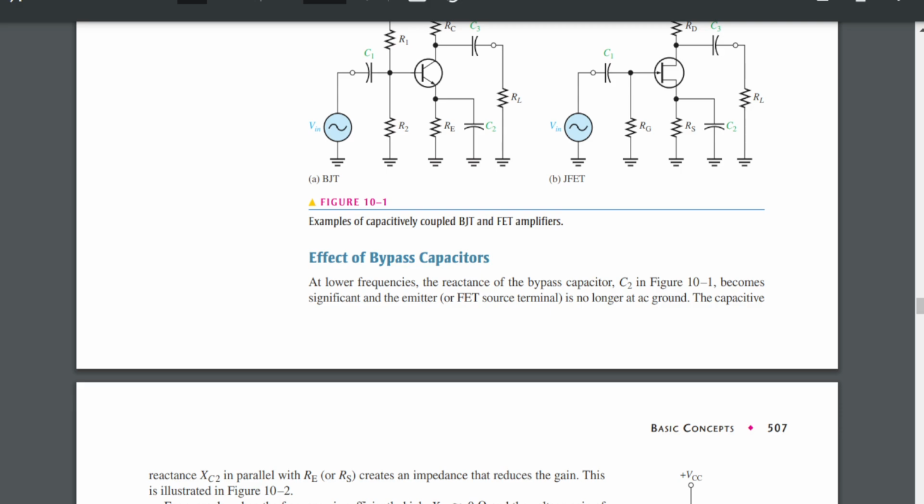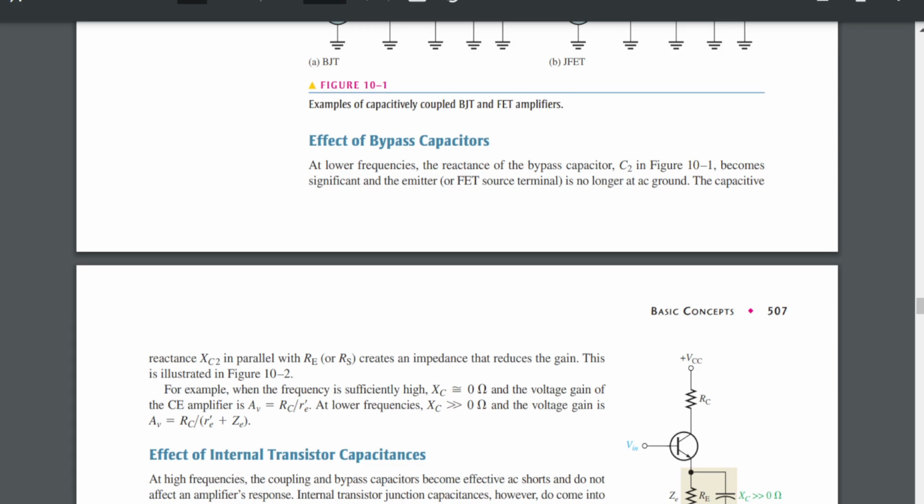First we discuss lower frequencies. Obviously at lower frequencies the reactance of the capacitor will be large. Here you can see the emitter, which is grounded. After applying an input signal at low frequency, the emitter will no longer be at AC ground, due to this high capacitive reactance value, which is in parallel with the RE resistor.